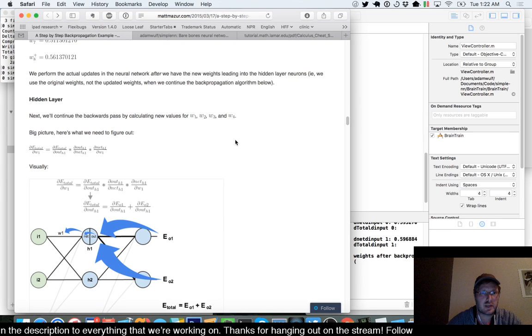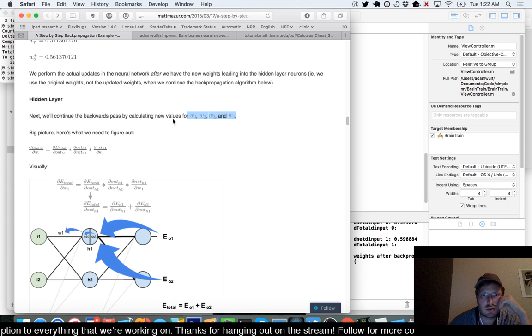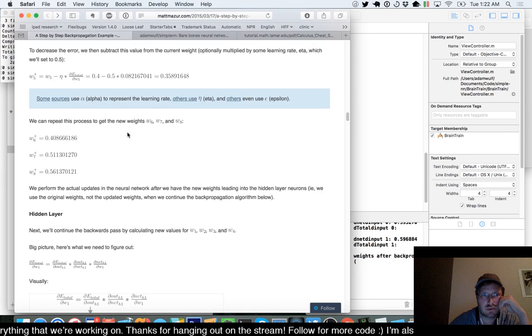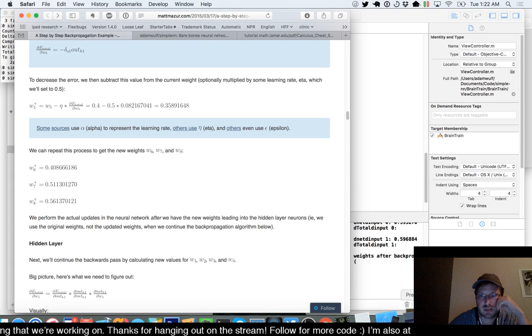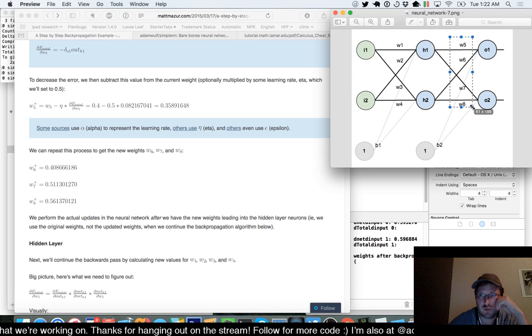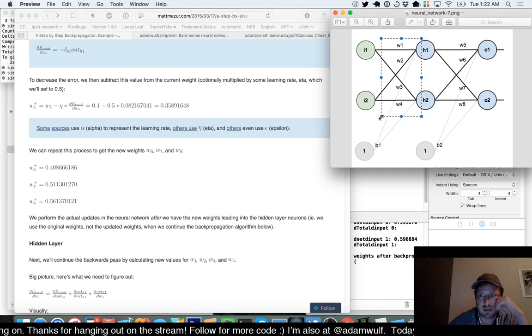All right, so now we'll continue the back pass by calculating new values for W1, 2, 3, and 4. Yeah, so at this point we've backpropagated, we've created new weights for these. And so now we need to calculate again for this one.